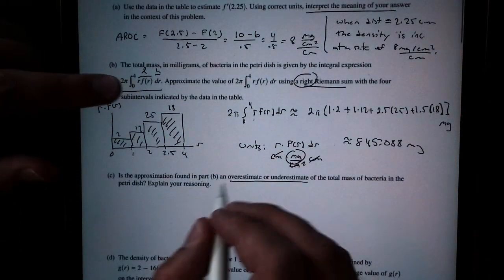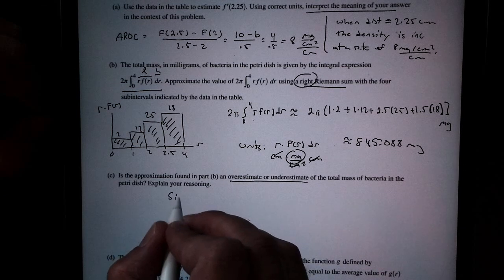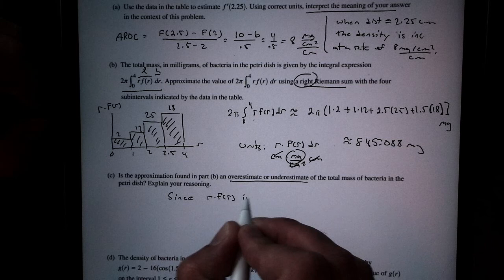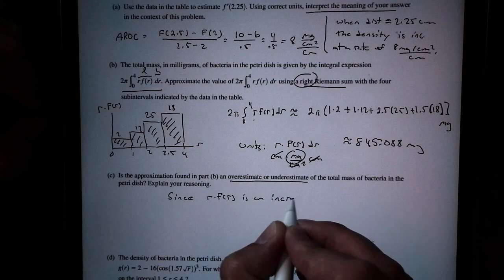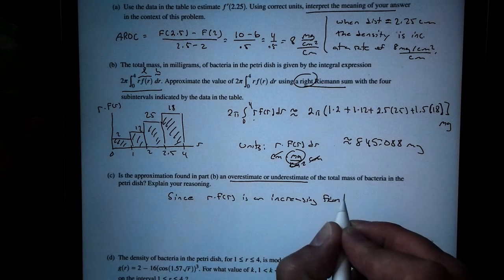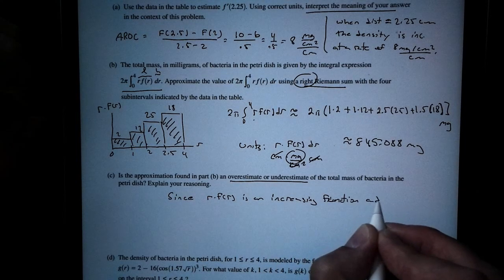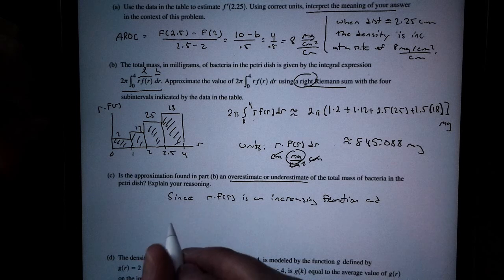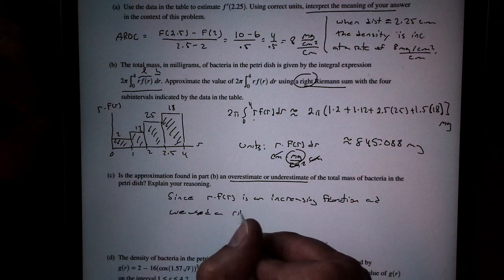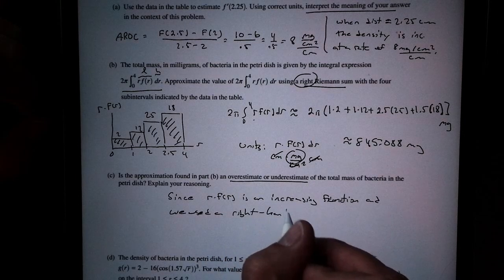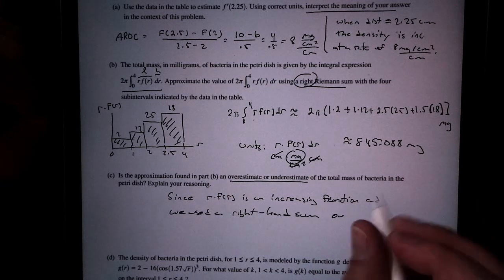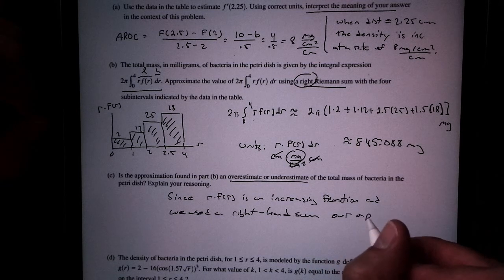So I'm going to start off by saying that since f of r is an increasing function, and we use a right-hand sum, our approximation will be... I'm just going to write this down.